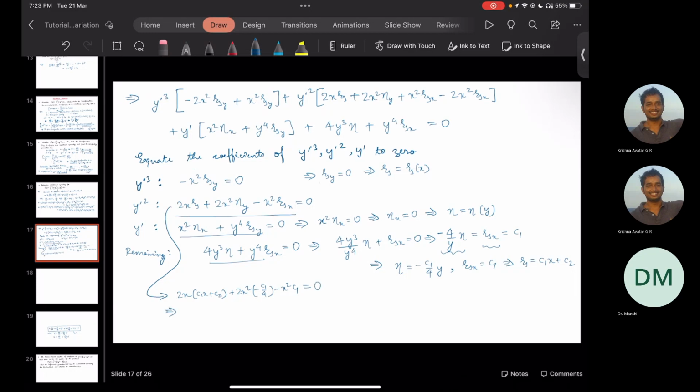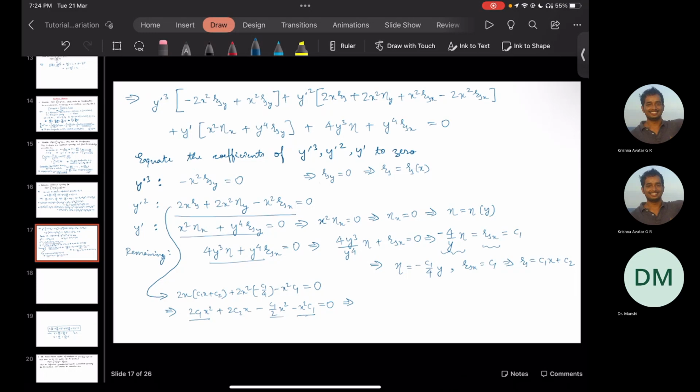So then this implies that 2c1x squared plus 2c2x minus c1 by 2 x squared minus x squared c1 is equal to 0.